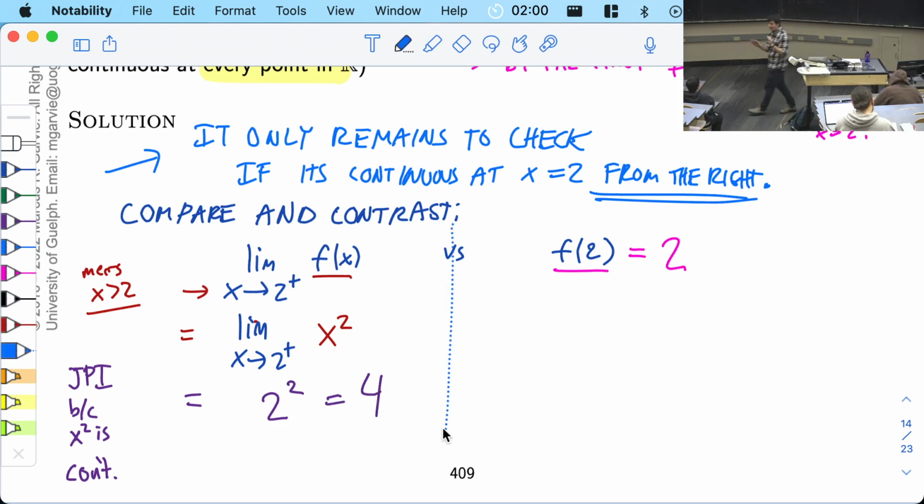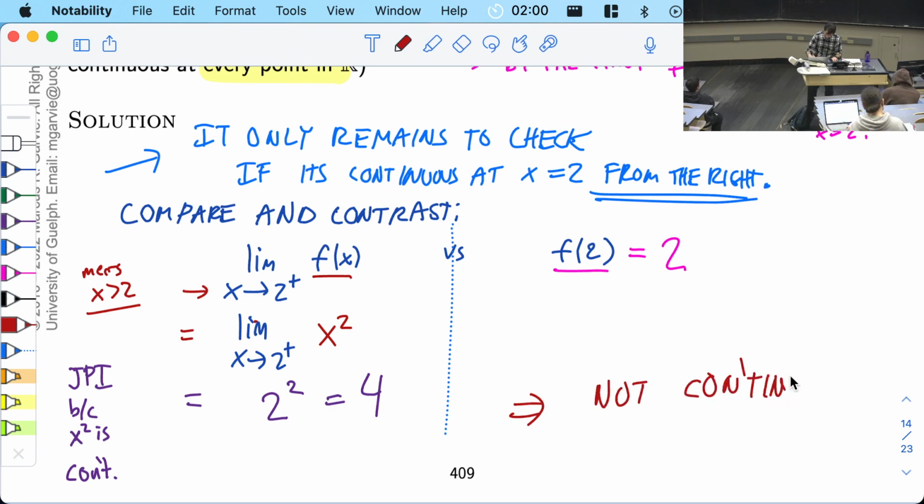Any questions about how I did that one? It's a repeat of before, but I think it is trickier with algebra than with the picture. With the picture, you can see it; this is algebra. So one side is 4, the other side is 2. The answer to the question, is it continuous, is no. Therefore, not continuous.